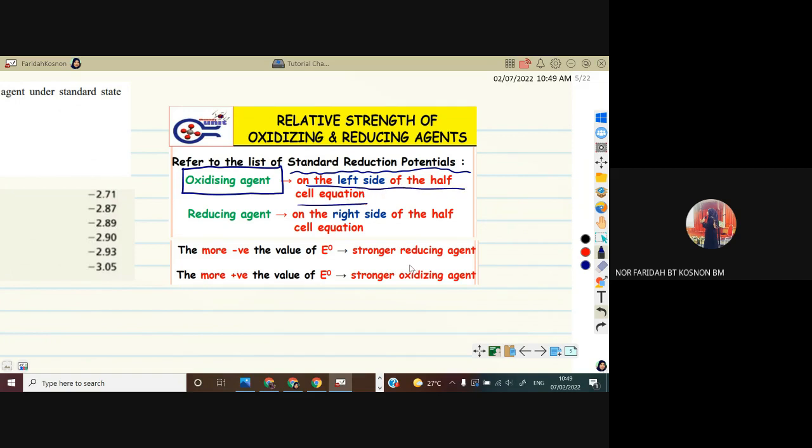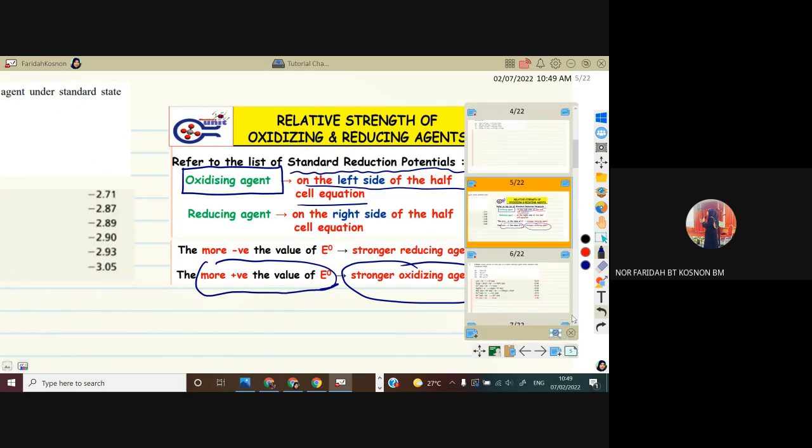Maksudnya dalam table yang saya tunjuk tadi tu, you cari iron 3 plus sebelah kiri persamaan. And then, to be a good or better oxidizing agent or stronger oxidizing agent, we have to make sure that the standard reduction potential value of iron 3 plus is more positive than I minus. Okay, ini kena tahu dulu. Kalau tak tahu ni, you tengok table tu pun you tak tahu nak buat apa.